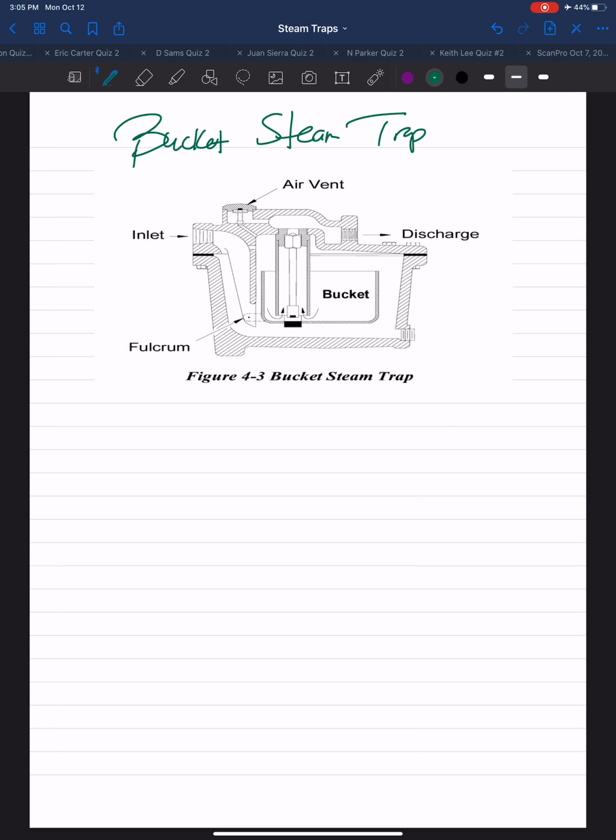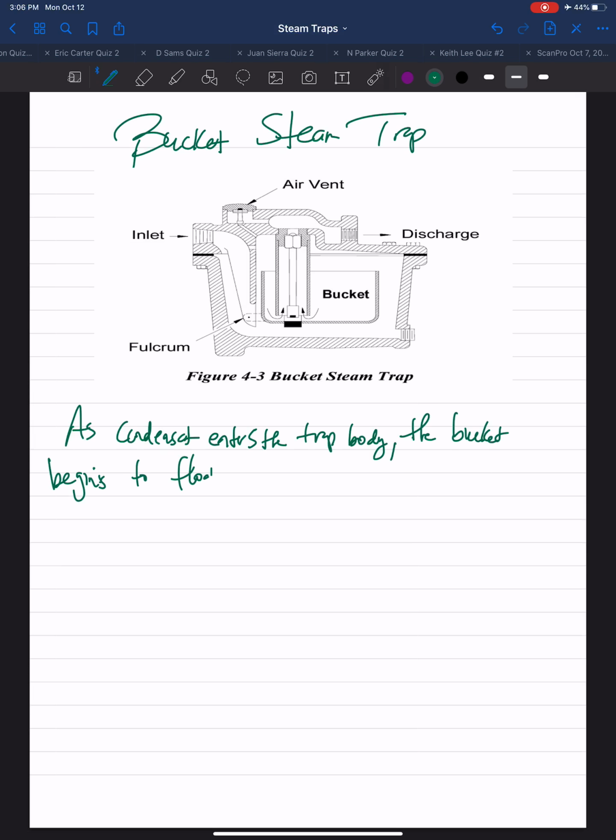Bucket steam trap. So as condensate enters, we'll say the trap body, the bucket begins to float.